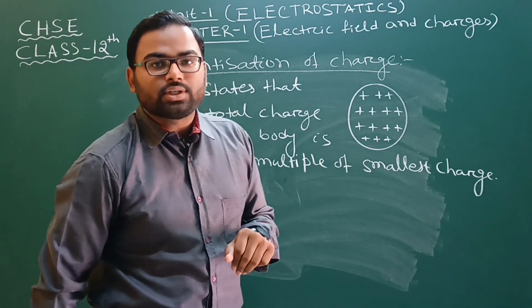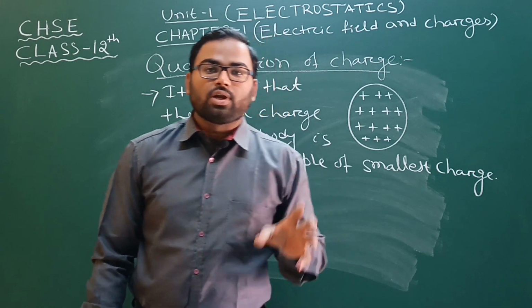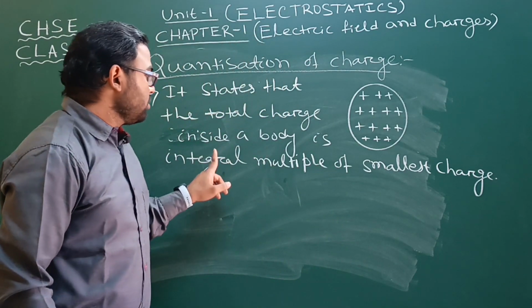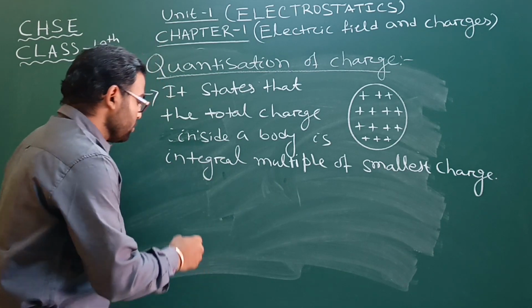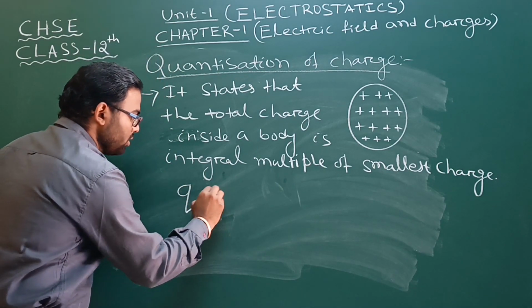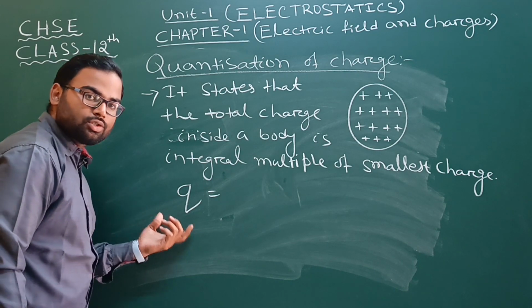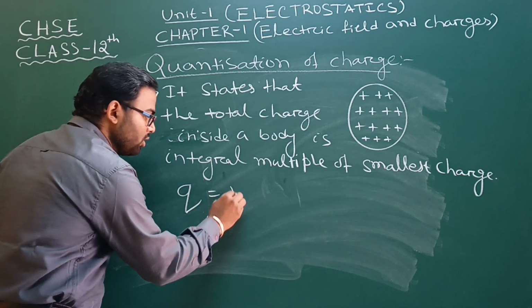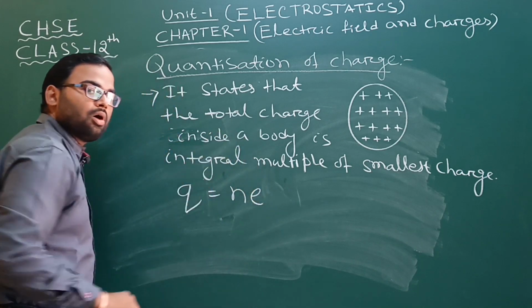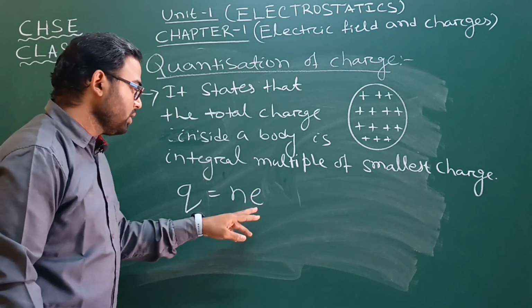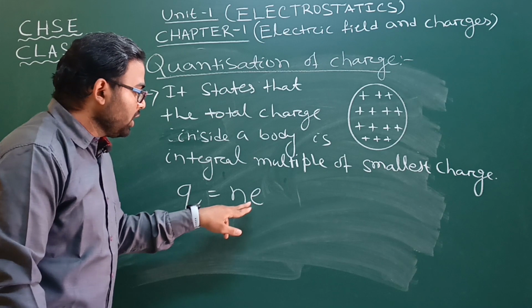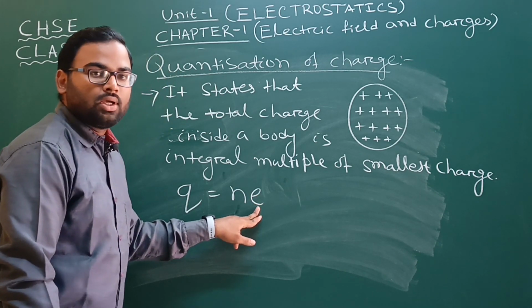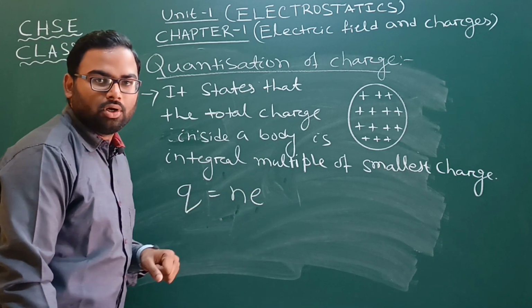And what is the smallest charge? We have discussed now. Smallest charge in this universe is electron. So, total charge, we will denote charge as small q, inside a body is equal to integral multiple of smallest charge e. What is integral multiple? If we multiply an integer with the electron, then it will be an integral multiple.